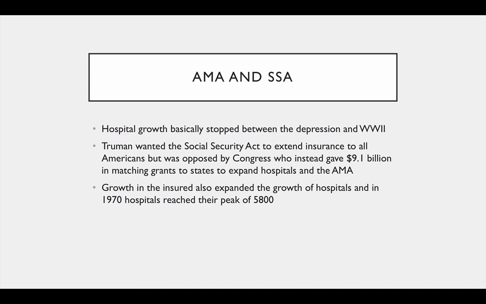So the growth in the insurance also expanded the growth in hospitals. And we know that in the 1970s, hospitals reached their peak. There were about 5,800. So we have fewer now than we had in 1970. And so by giving people insurance, it gave people money to pay for their care, shoved money into the hospital system.